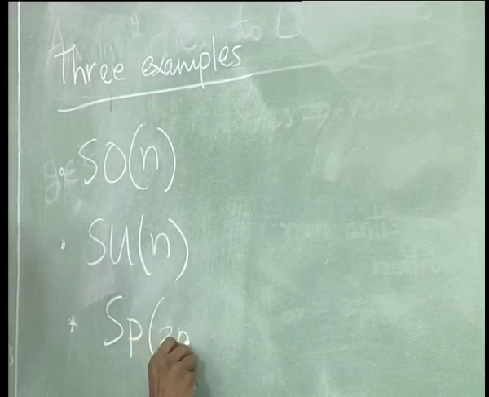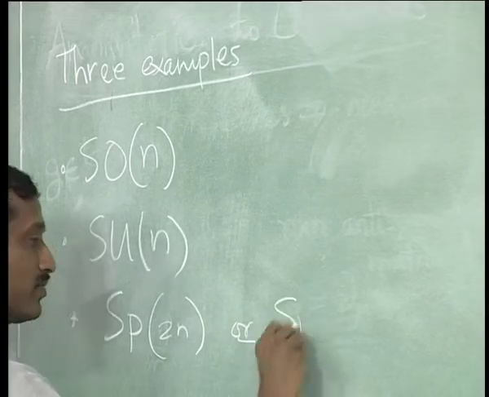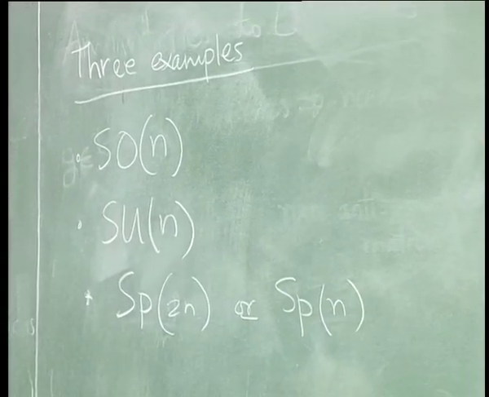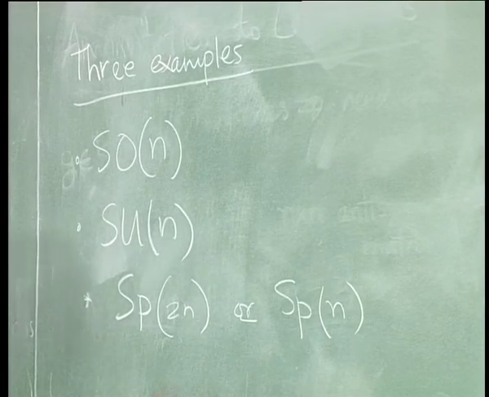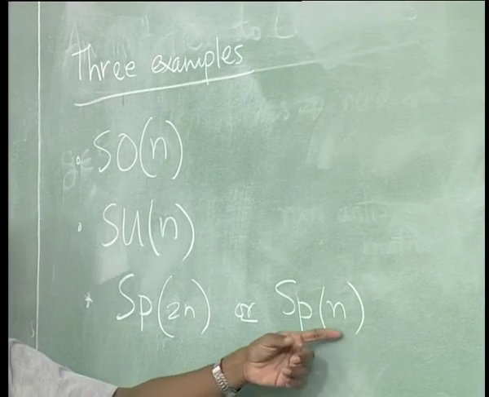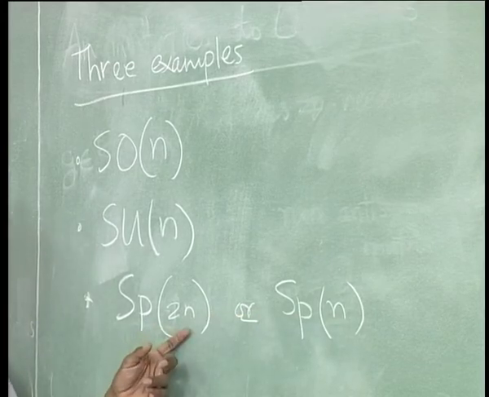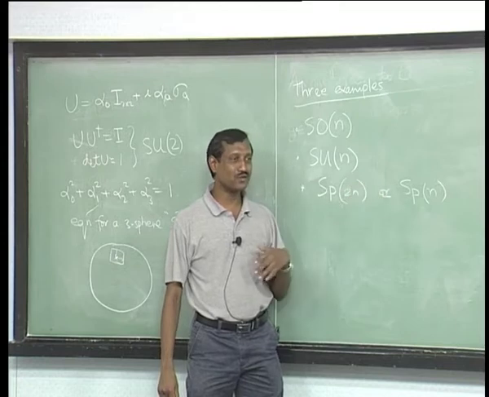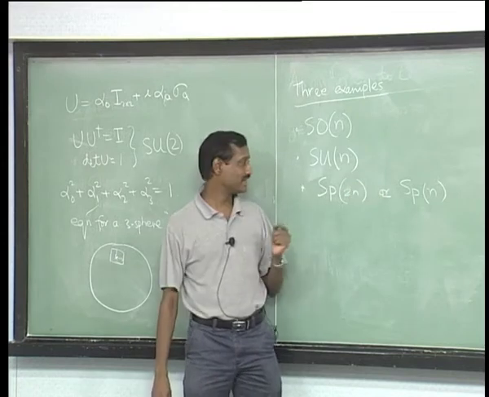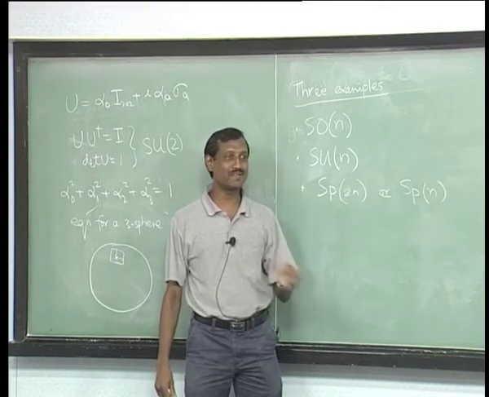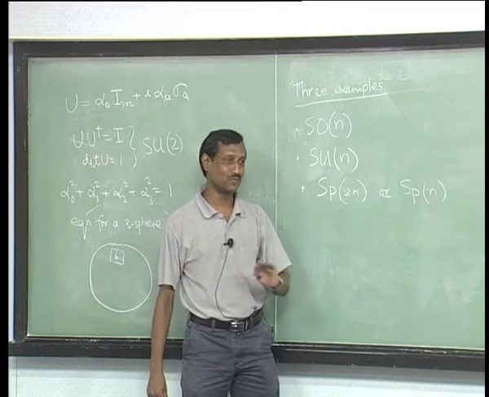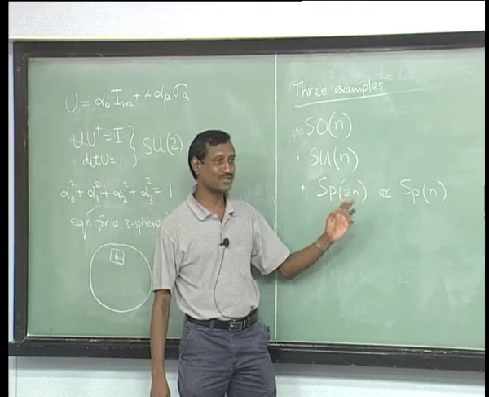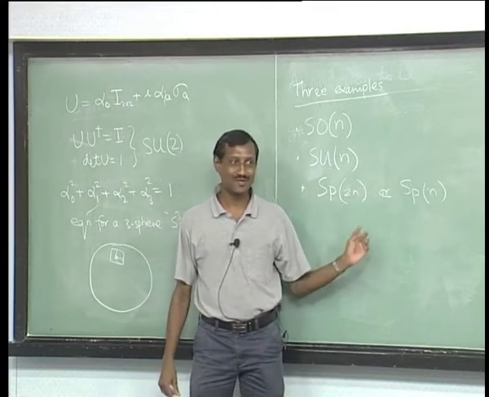Now you should be careful, some books will write SPN and some others will write SP2N. The only way to resolve the ambiguity is to ask what SP1 stands for. If SP1 is the same as SU2, which you can prove, then you can distinguish what their notation is.